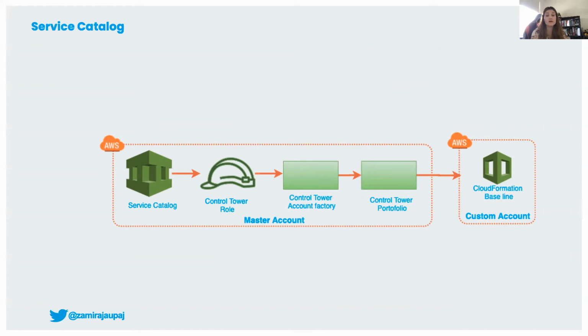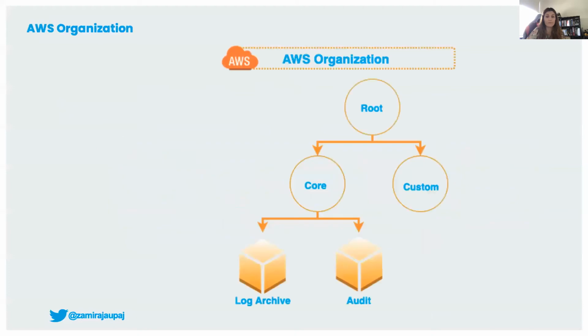When you want to provision a new account that is part of Control Tower, you go through the Account Factory. Something I wanted to say here is that no budget is specified in this portfolio, but you can specify a budget. You can also specify what kind of product, which group can access, and which group can launch a specific product in this portfolio.